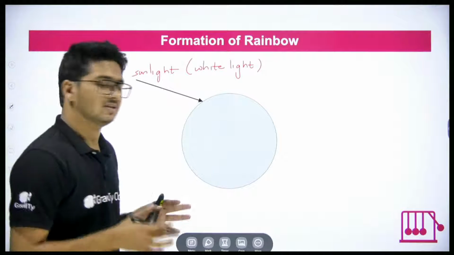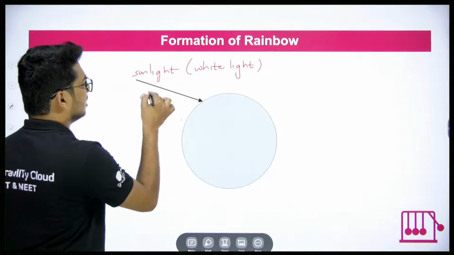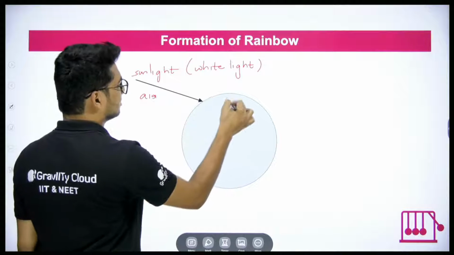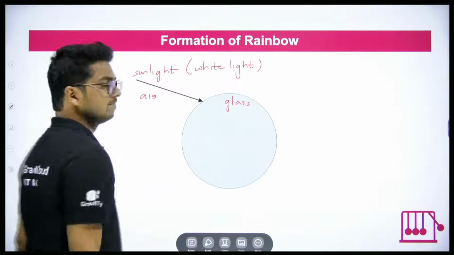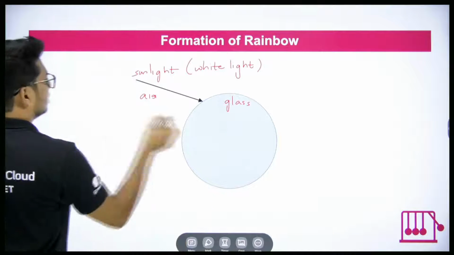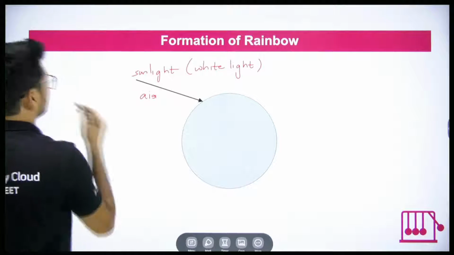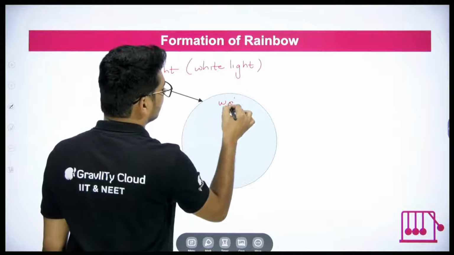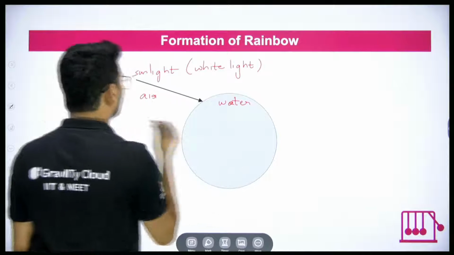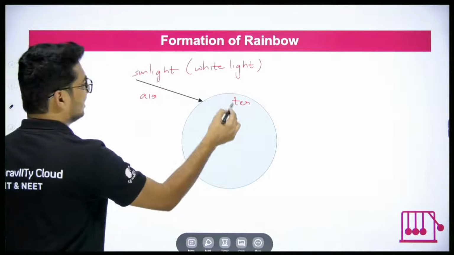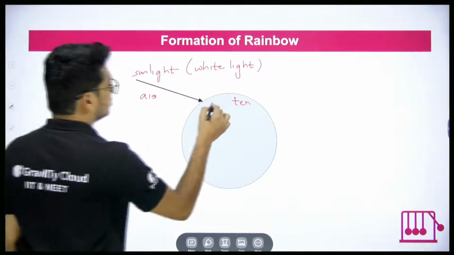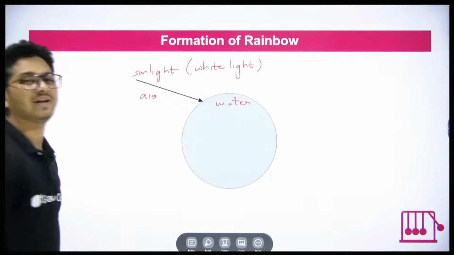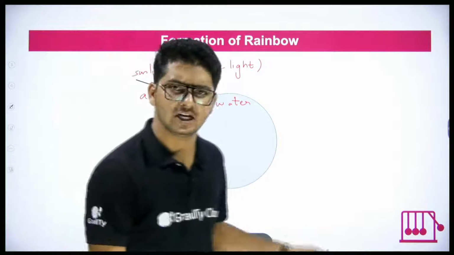Then here, look at this. It is going from which medium to which medium? It is going from air to glass. Sorry, not glass, my mistake. It is going from air to water because we are talking about a rainbow. So it is a water droplet. It is going from a rarer medium to a denser medium.